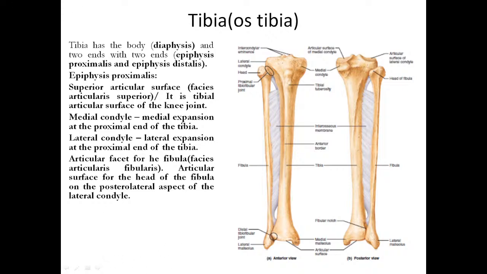Next, the bones of the crus, os tibia. You see os tibia and os fibula. These are two bones. Tibia has a body, diaphysis, and two ends, epiphysis proximalis and epiphysis distalis.